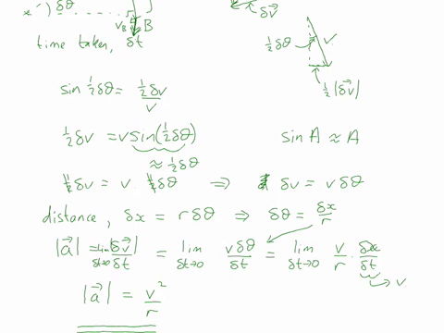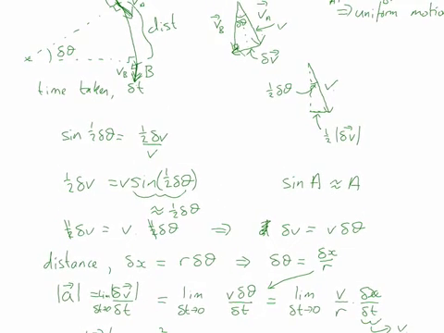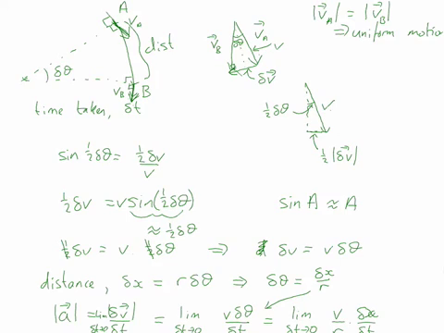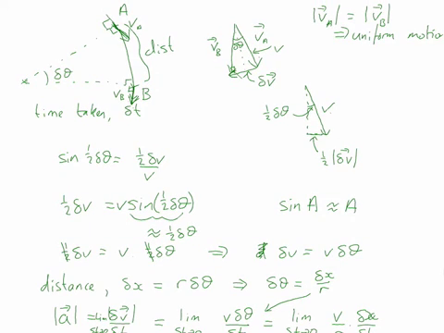Right? Now, the next question you want to ask is, what is the direction of that acceleration? If we go back to this diagram here, we can see that as delta theta tends towards 0, these angles here are going to tend towards 90 degrees. So in the limiting case, where delta theta goes to 0, this angle here will be 90 degrees.